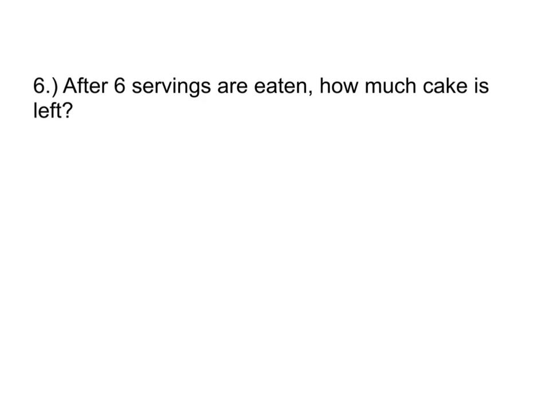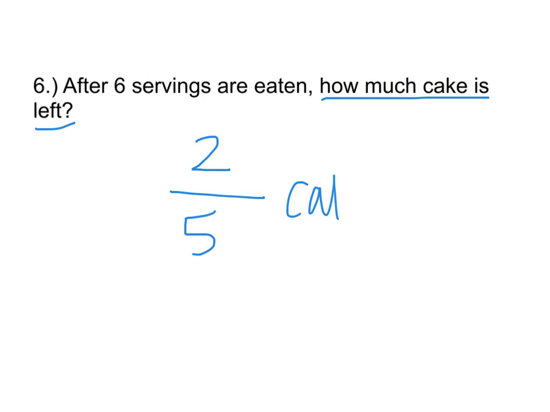Now, last but not least, if we eat up 6 of those servings, how much cake is left over? We have 2 pieces of cake that are 1/5 of the cake. So remember, we had 2/3 of a serving left over because there were 3 pieces per serving, but we have 2/5 of the cake because we need 5 pieces for 1 cake.